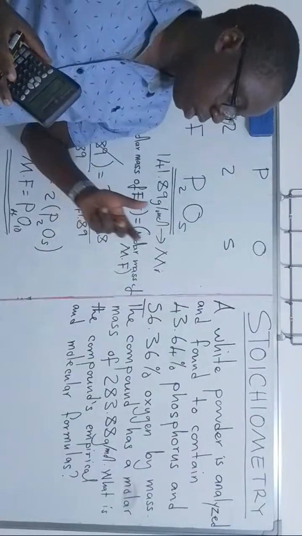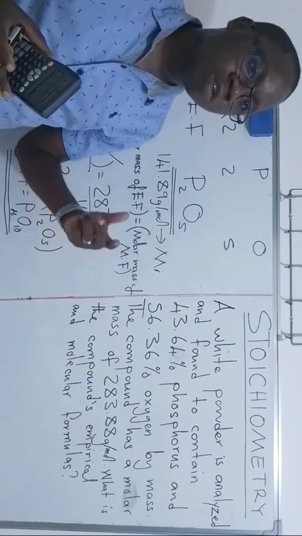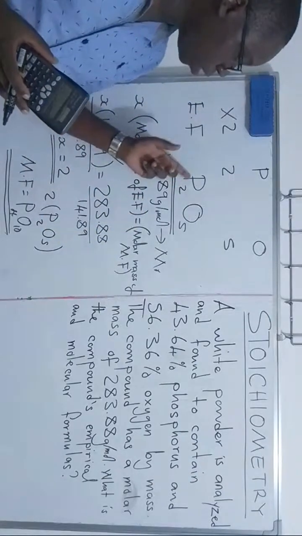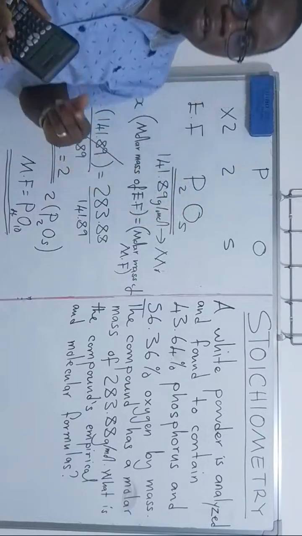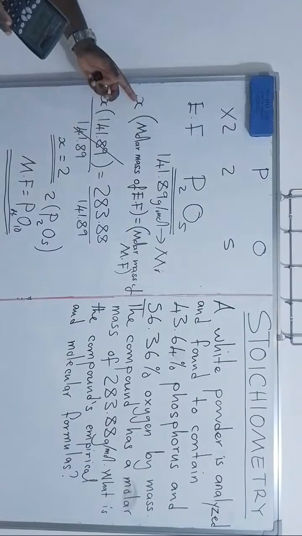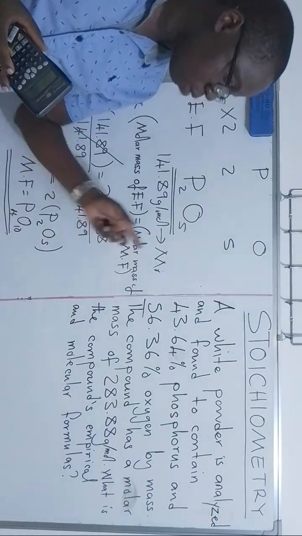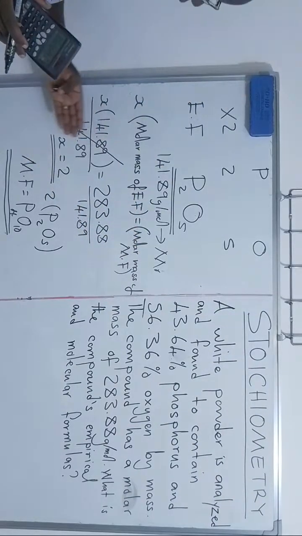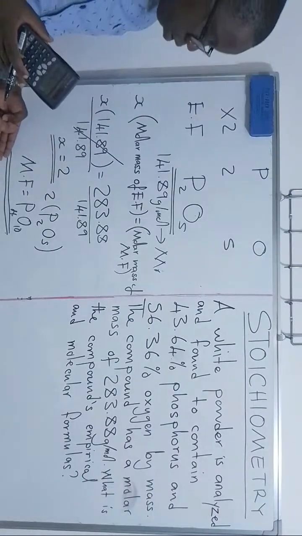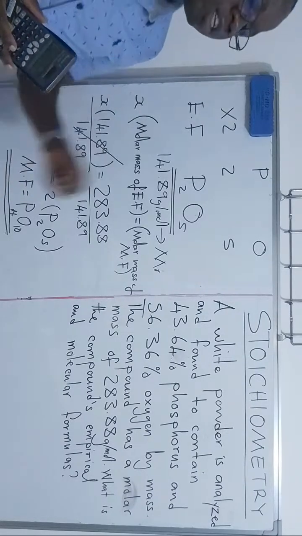After we found the ratios, we multiplied them to get whole numbers, and that gave us P2O5. Thereafter, we used the relationship X times the molar mass of the empirical formula is equal to the molar mass of the molecular formula, and we found that the value of X is 2. So this simply means the molecular formula is P4O10.